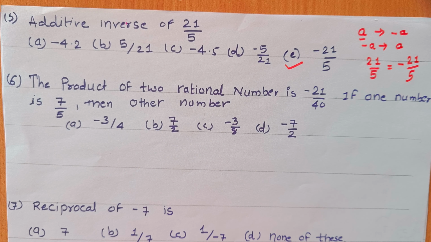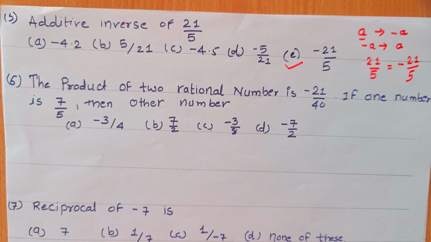Now in this sum, the product of two rational numbers is minus 21 by 40. If one number is 7 by 5, then what is the other number? Product means multiplication of two numbers. Here one number is 7 by 5.